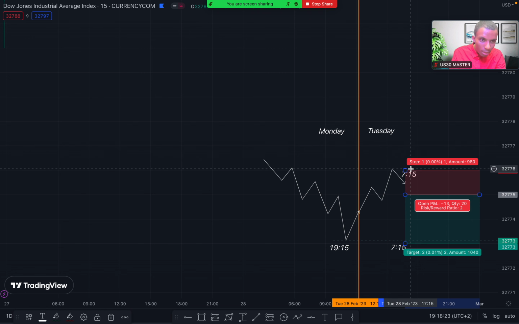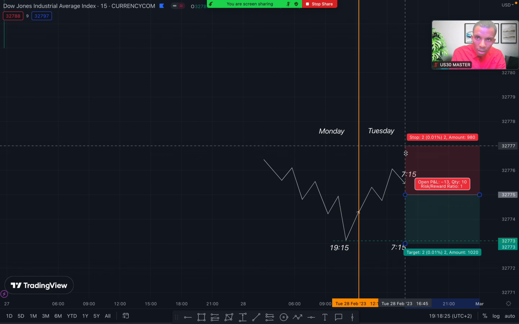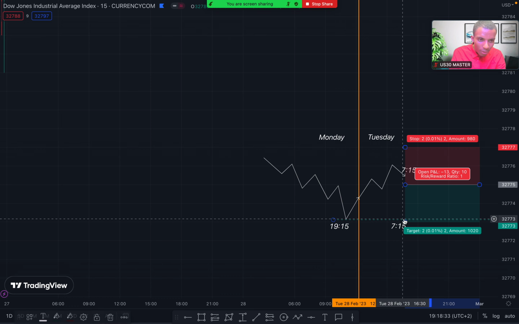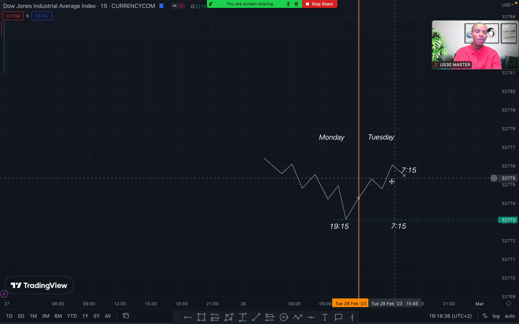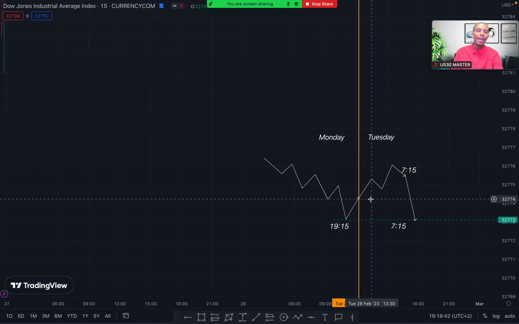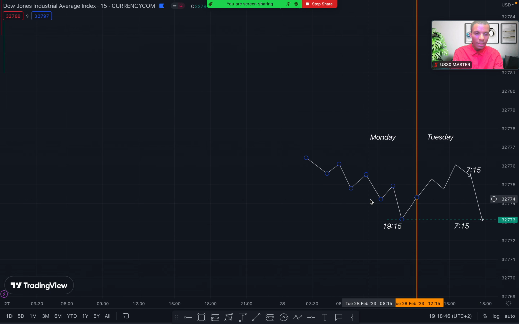How much do you risk? You risk just 30 pips, and then you aim for your TP. It's a bit of a mess here, but you risk 30 pips, and you're gonna see the market go into your TP immediately.